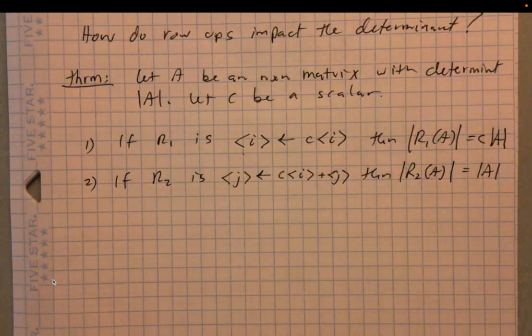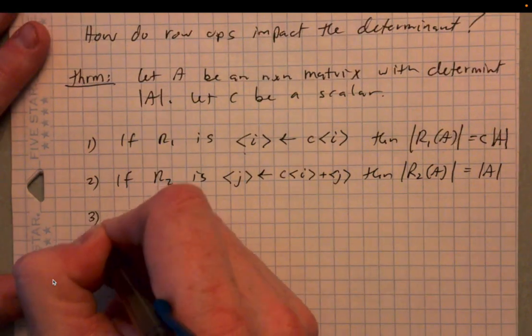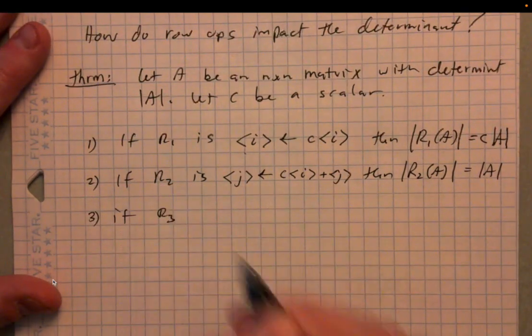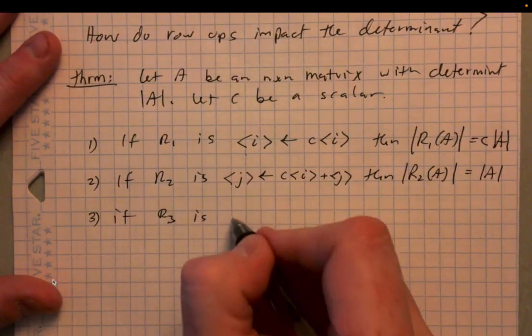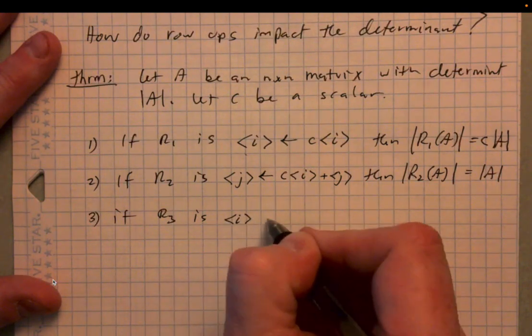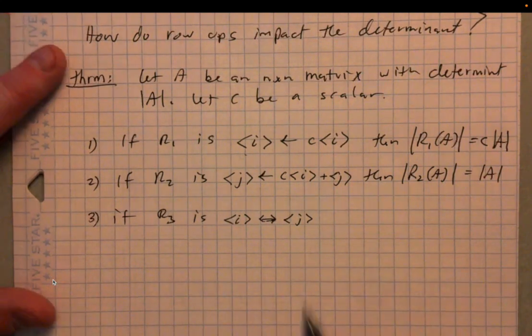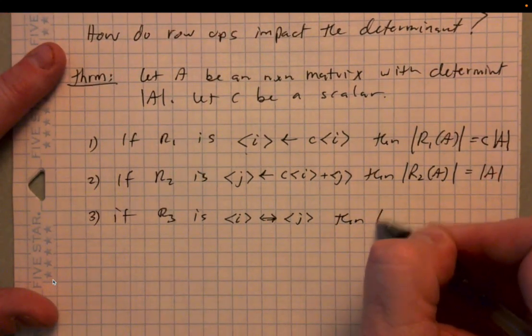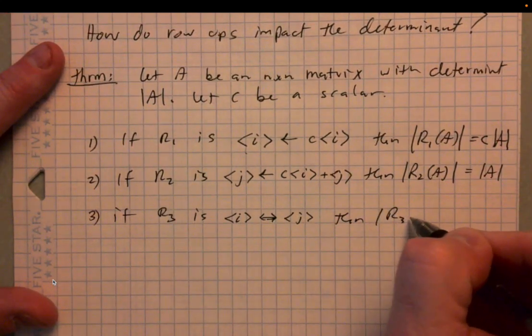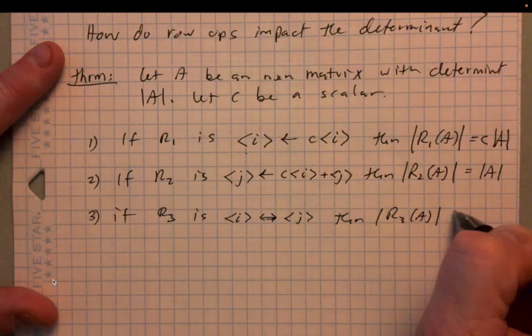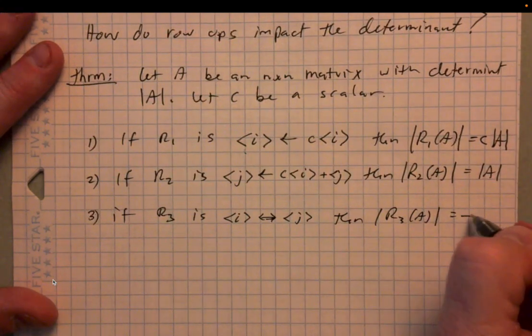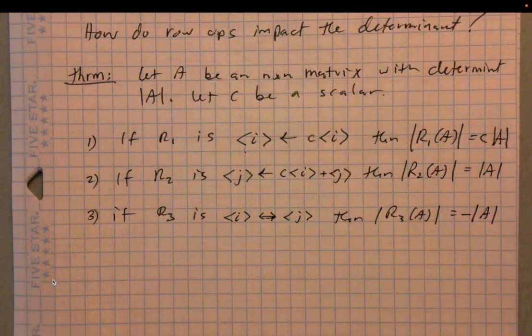A little surprising, right? But it turns out to be the case. And then finally, the third row operation, R3, if that operation is the swapping of two rows, swap I and J, then the determinant of the resultant matrix is equal to the negative determinant of A.